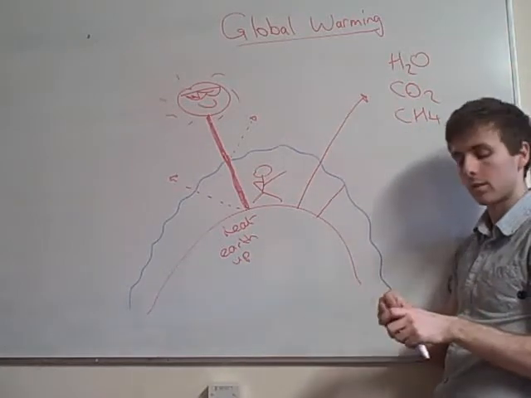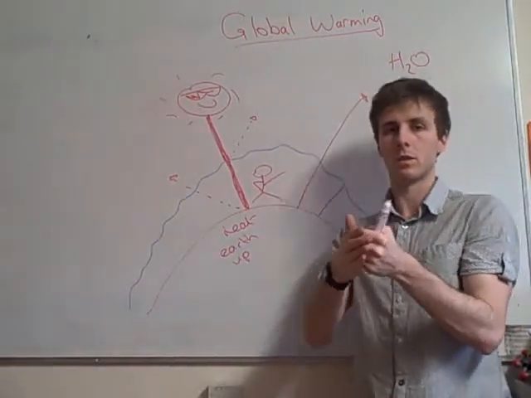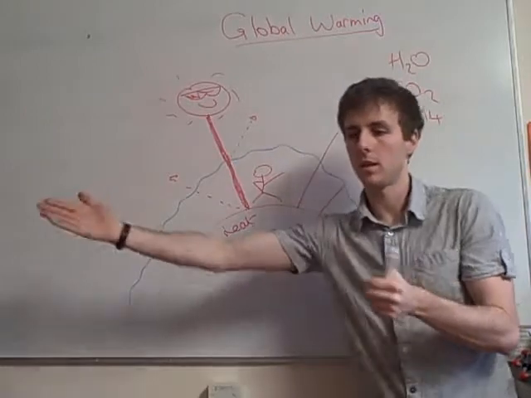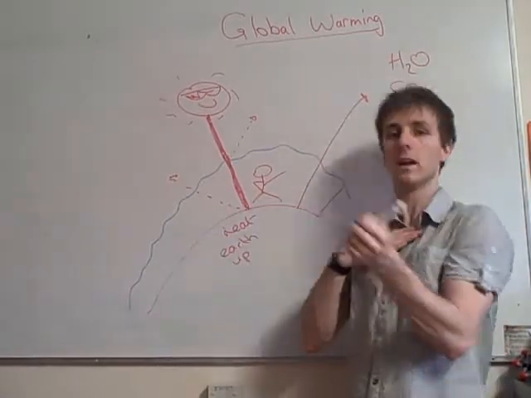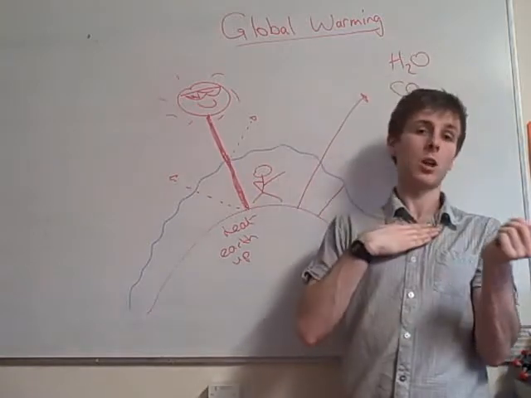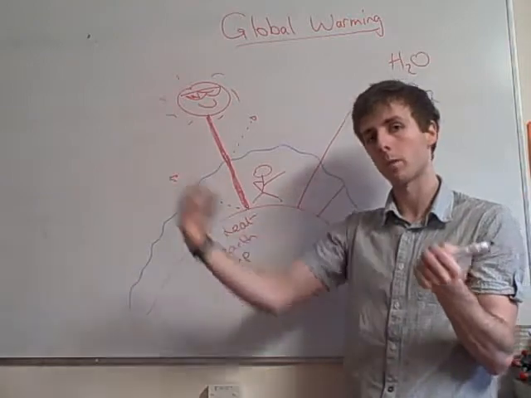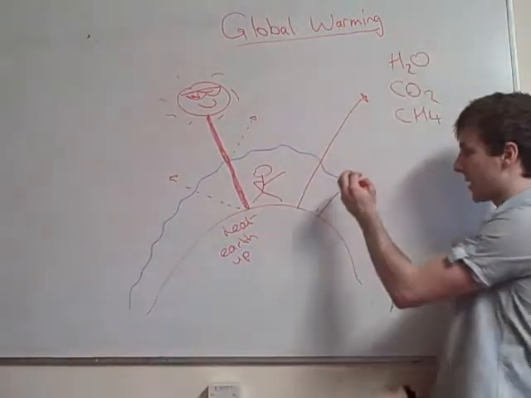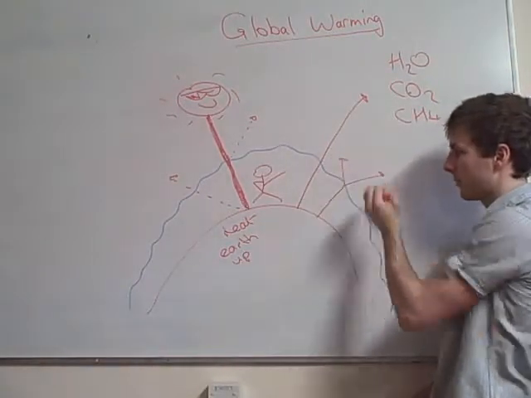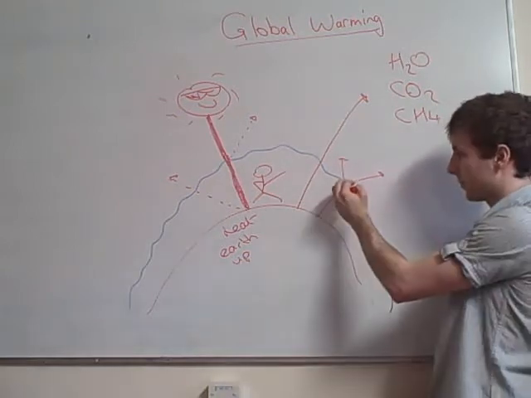And what those three gases do is they absorb it to make their bonds vibrate more. So usually they kind of go like this, zap it with some infrared radiation, and they vibrate loads more. After a bit of time, they'll slow down and give that infrared radiation back out. But not only do they give it back out into outer space, sometimes they'll give it back out back down to Earth.